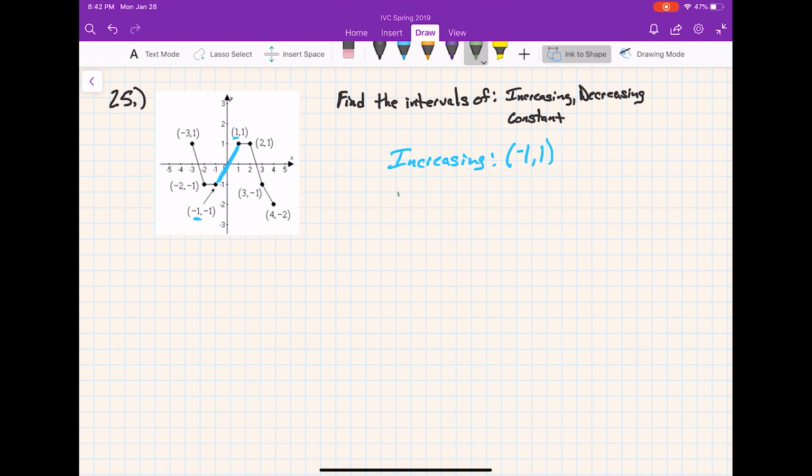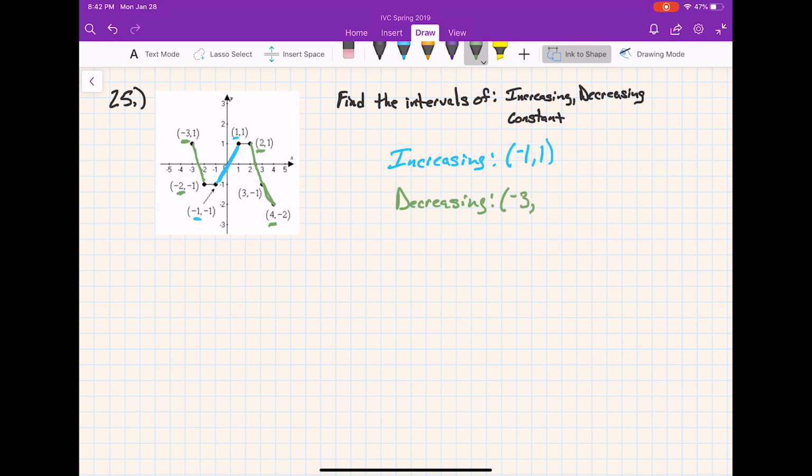And then we'll look at the decreasing portion of this line. And the decreasing portion of the line starts at -3, goes to -2, so this spot, and then this part from 2 to 4. Now we're just looking at the x values because that's what the function would be, so underline all these x values, and then I'll write them into the interval notation over here.